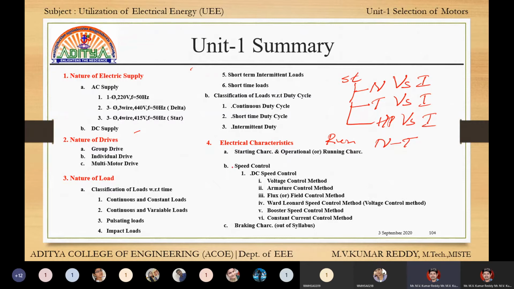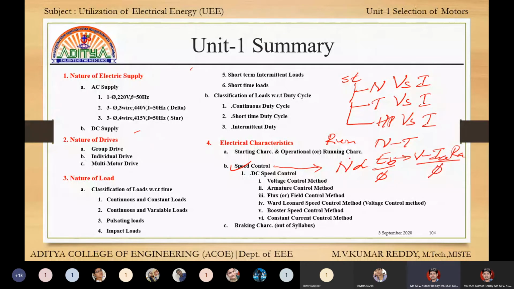Next, speed control methods. In DC, torque is directly proportional to flux into armature current, and speed is directly proportional to EB by flux. We know that EB is equal to V minus IA RA.